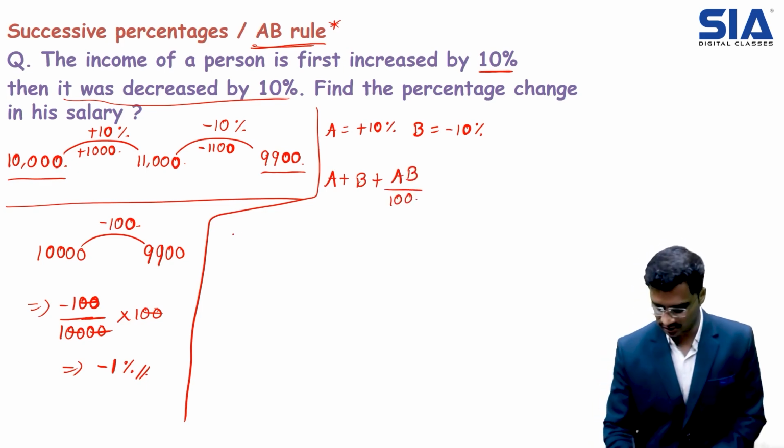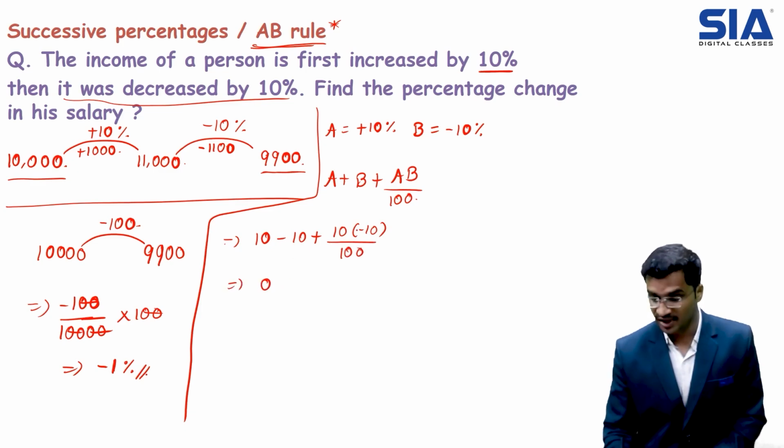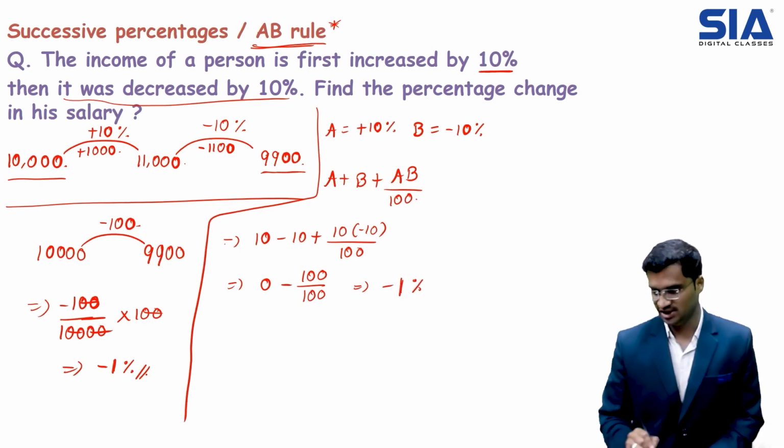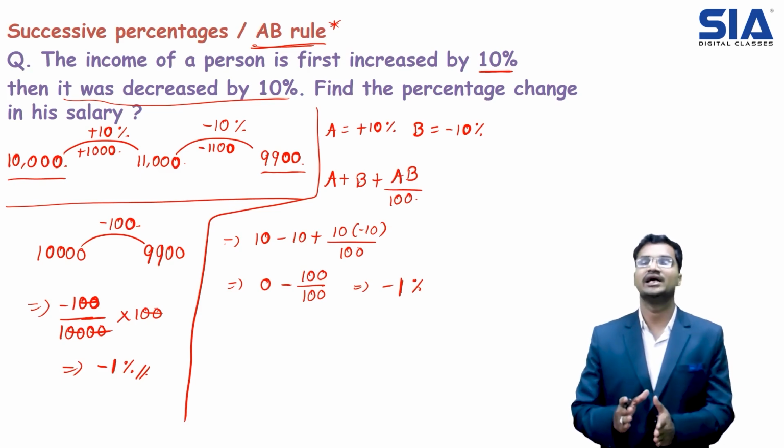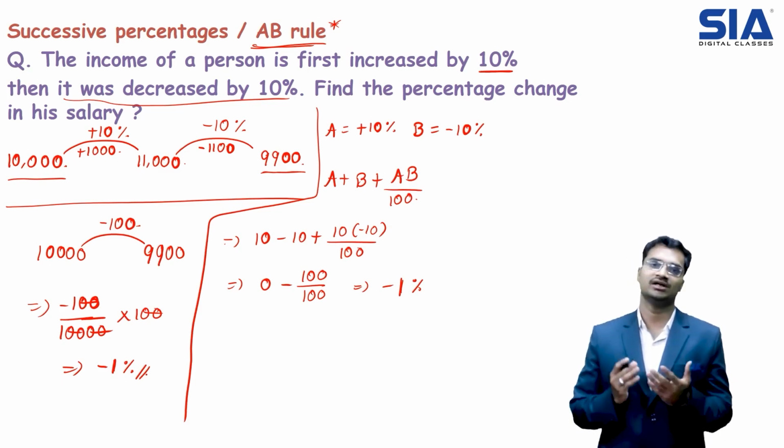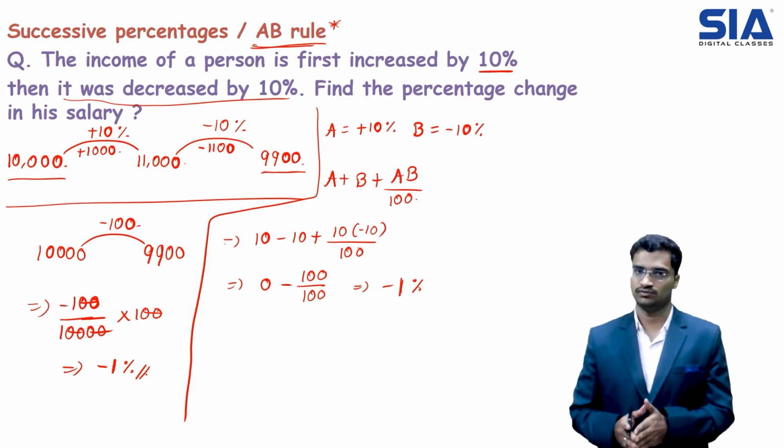So A is 10, B is minus 10, plus 10 into minus 10 by 100. So 10 minus 10 is 0, plus into minus is minus, 10 into 10 is 100 by 100. So there is a negative 1% decrease. The net effect is minus 1%.